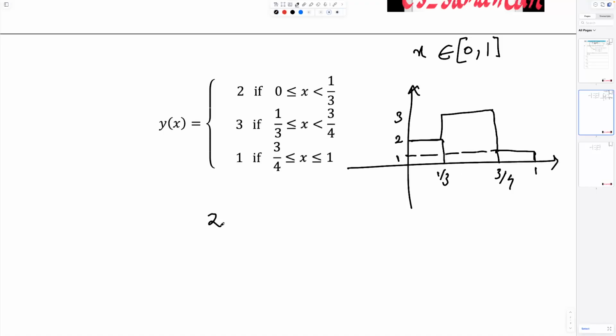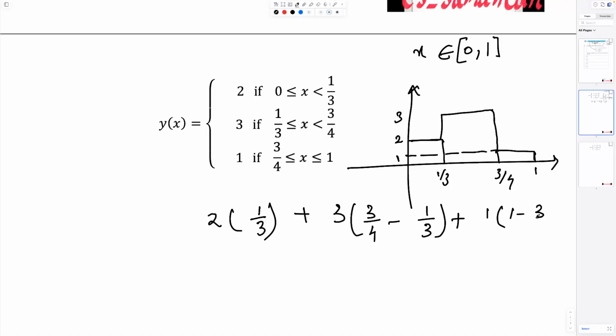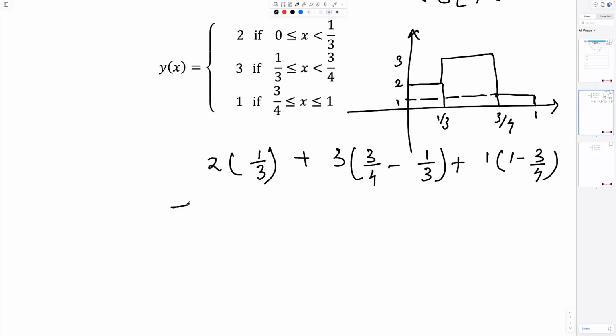So 2 times 1 by 3, that is the first rectangle, plus 3 times 3 by 4 minus 1 by 3, plus 1 times 1 minus 3 by 4. Let's simplify it further. You get 2 by 3 plus 3 times, this is basically 9 minus 4, that is by 12.